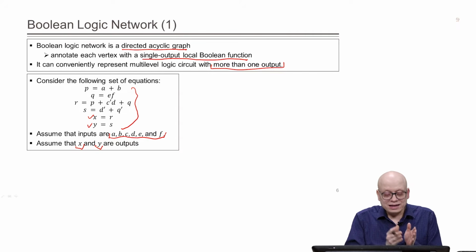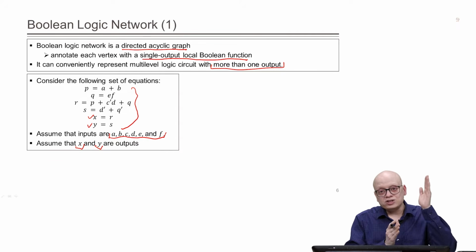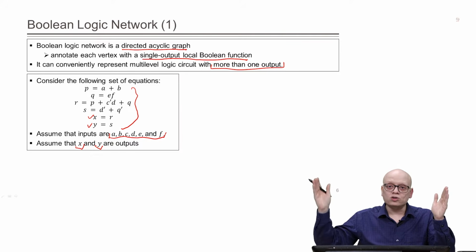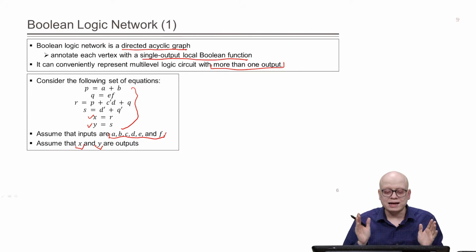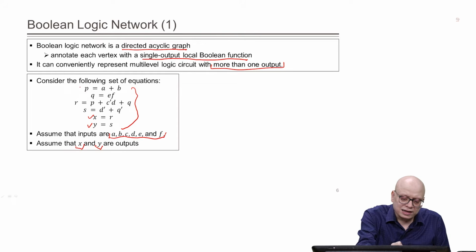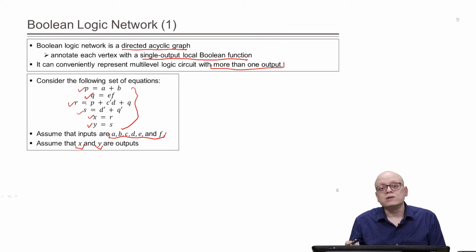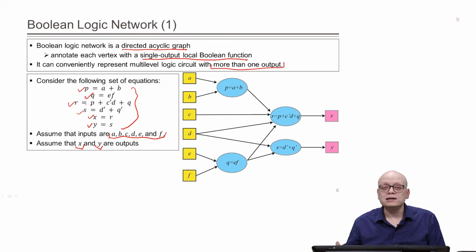So, first what we do is that for each of the input and the output we create vertices, and label them according to their names, the input and the output vertices. And then we create the internal nodes as per these equations that are given. Okay. So, once we do this, we get something like this.